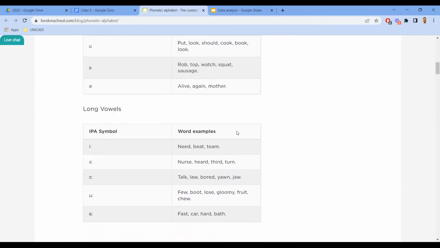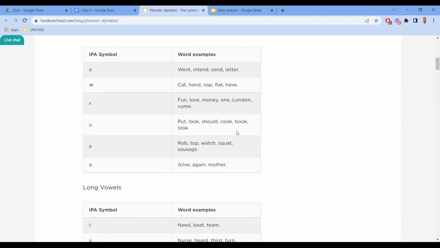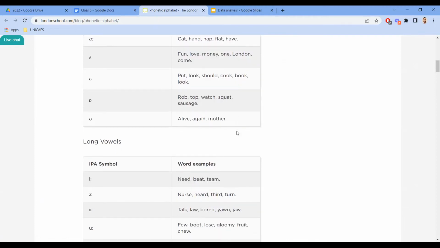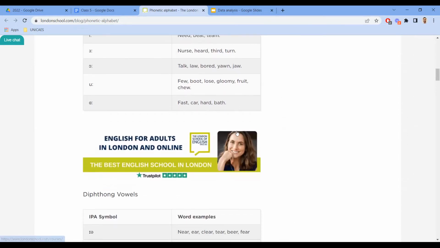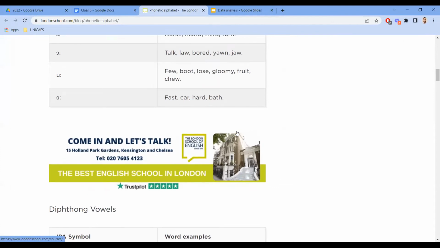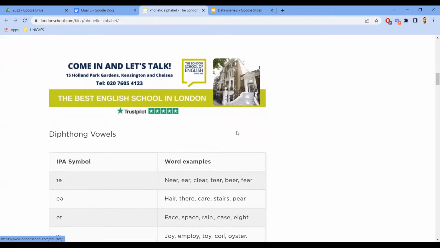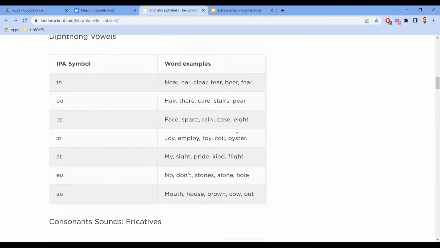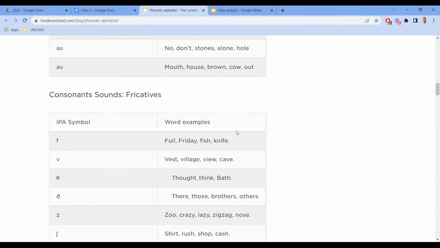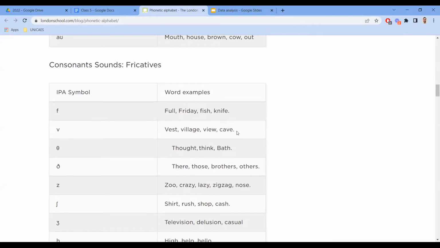So as you can see, we have so many sounds in English. Basically we have 2, 4, 6, 8, 10, 11 sounds only with the basic ones, I mean, not including diphthongs. In Spanish, we only have 5. So then you study the diphthongs, and then the different consonant sounds.